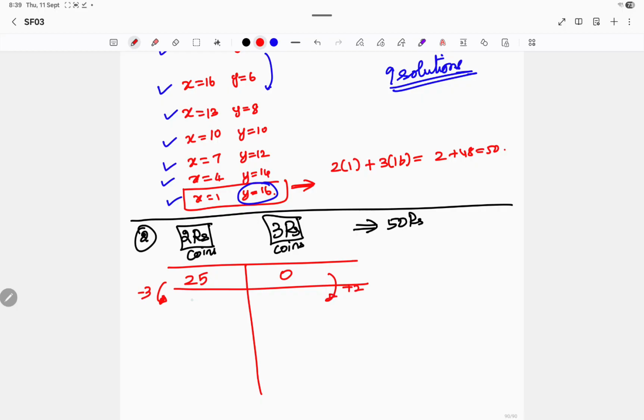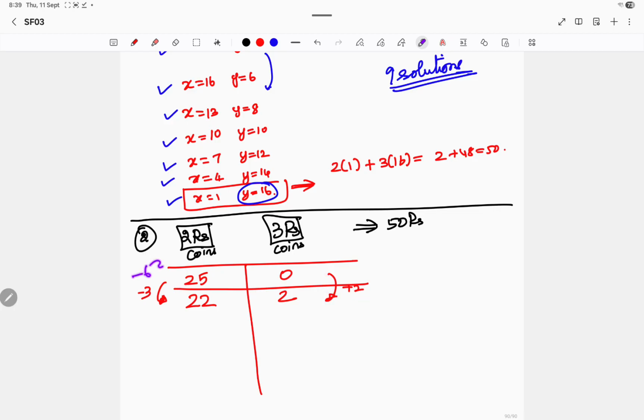So if I do that, what I will get is 22 2 rupees coins and 2 3 rupees coins. And why is this working? Because if I reduce from 25 to 22, there are 3 2 rupee coins I am removing. So the value that gets removed is minus 6 rupees, which is exactly offset by the 2 3 rupee coins that I am bringing into the picture.